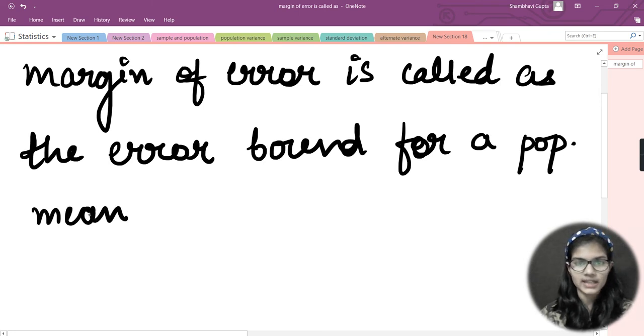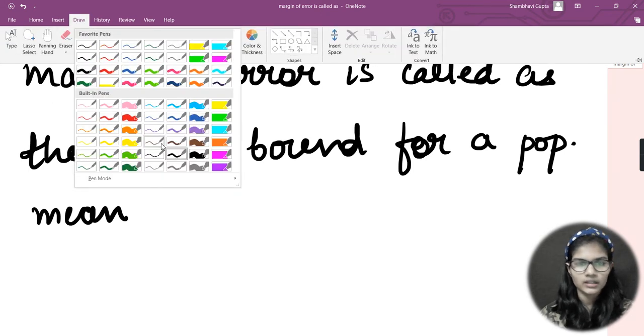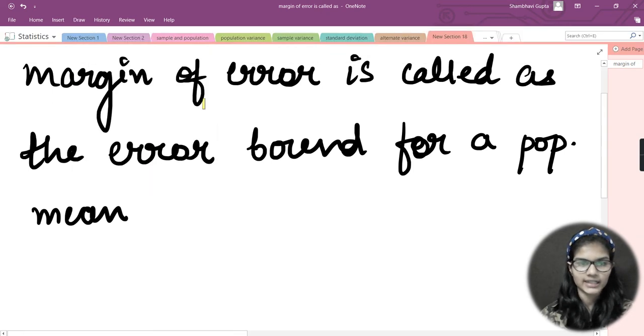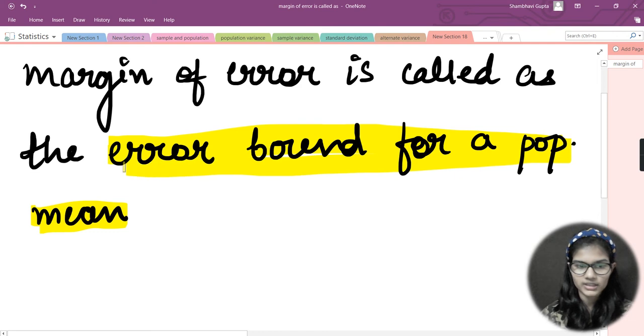So margin of error is also called the error bound for the population mean. Okay, so this is the second name for the margin of error. Just one second, let me take the highlight. Yeah, so the margin of error is also called the error bound for a population mean. So you can keep this thing in mind, right?